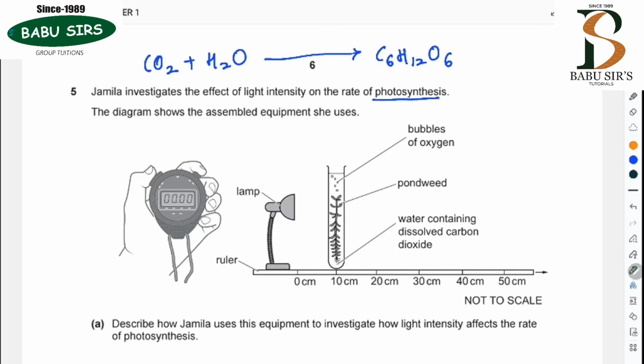I'm not writing the entire equation. I'll just write a shortcut. Plus, it will give out oxygen. So, two things are required here. One is light, and second is chlorophyll. Now, Jamila wants to investigate only this light part.